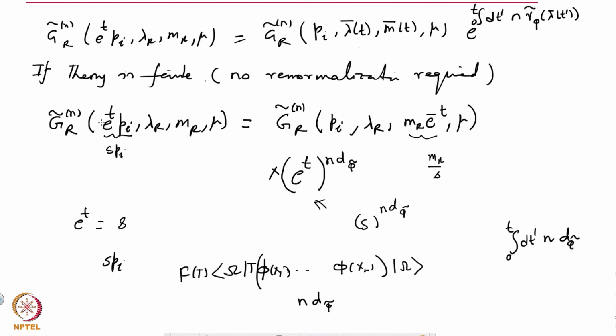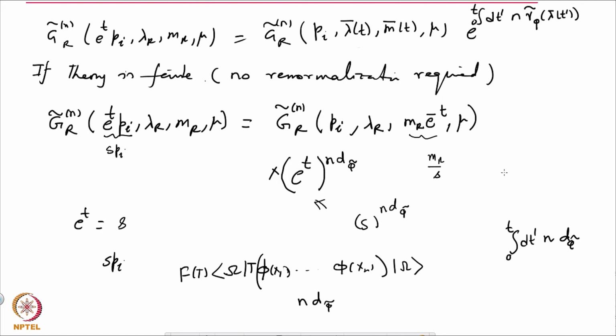Okay, and if you scale up these momenta which you get here in the arguments, then based on the canonical dimension, you see that the object will scale up by a factor of s power the canonical dimension, which is n d phi tilde, right? So that is what would have happened. That is something you expected on the grounds of naive mass dimension counting.